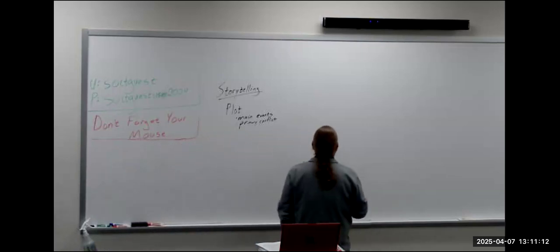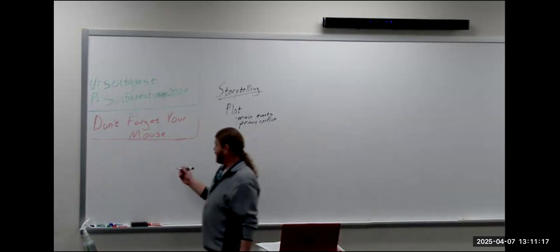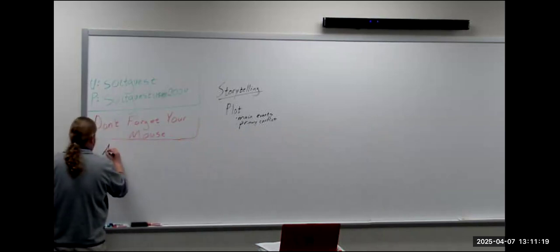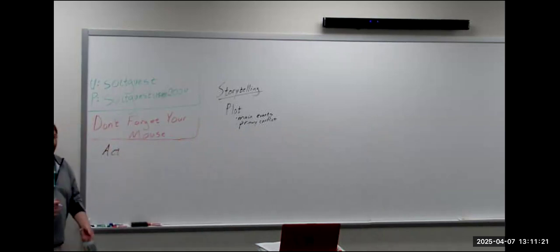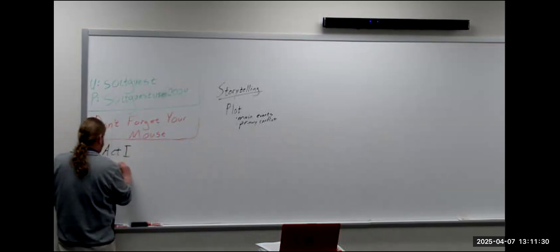And talk about the 3 acts. I'll put it over here, that way I can keep pointing back to it. You think about it as the 3 act process. In the first act, that's where we introduce everything.